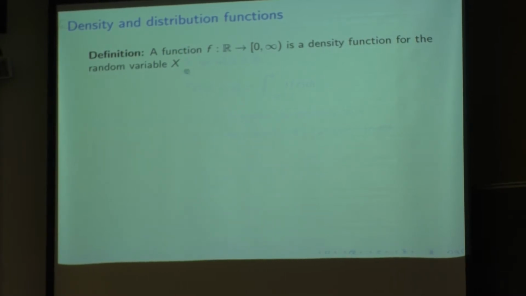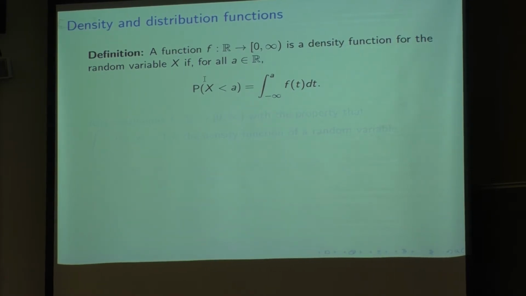If you give me a random variable and I claim that this function f from the real numbers to the non-negative numbers is a density function, what I'm saying is that if you want to know the probability of x being less than a, for any choice of a, you have to take this function f and integrate it from minus infinity to a.